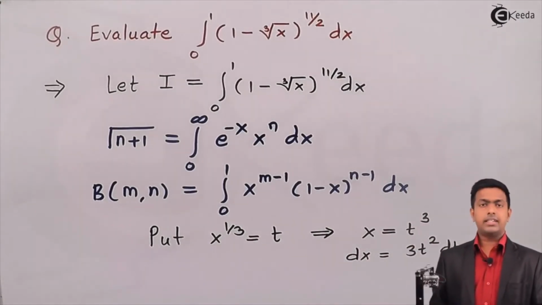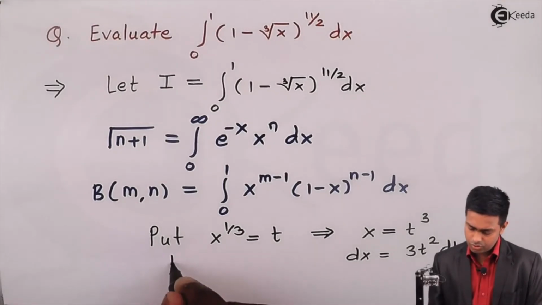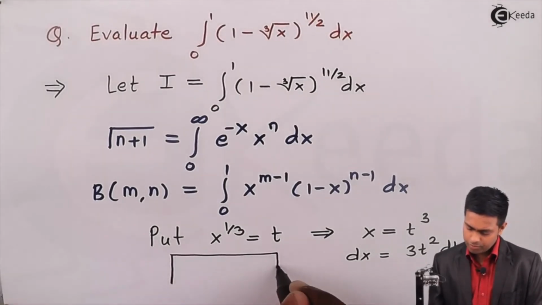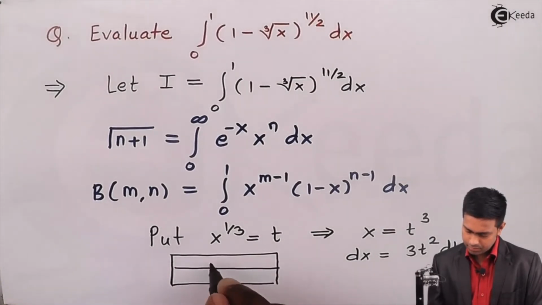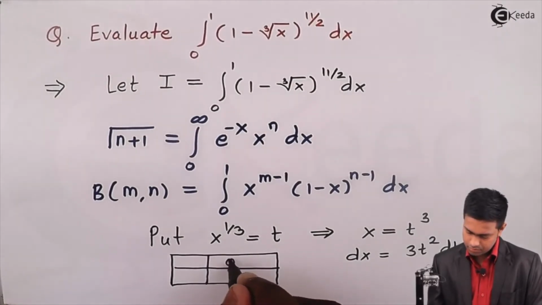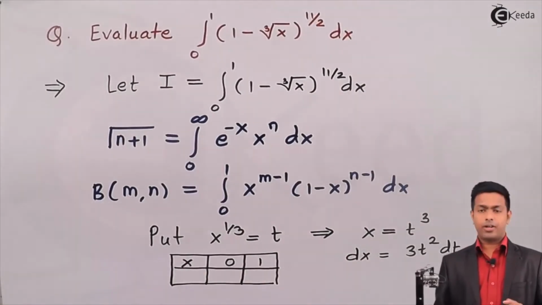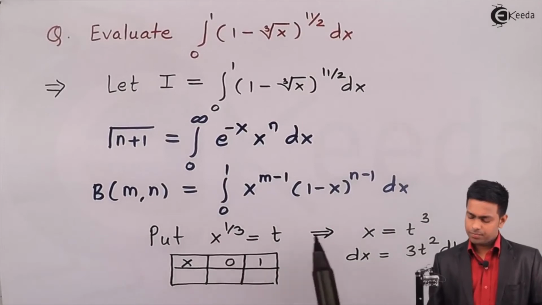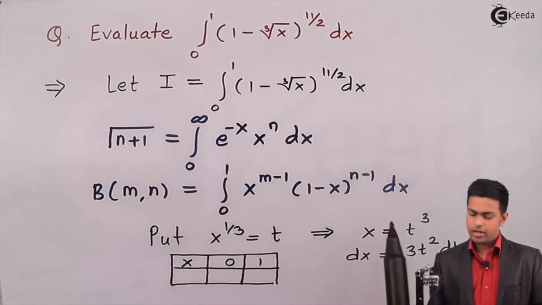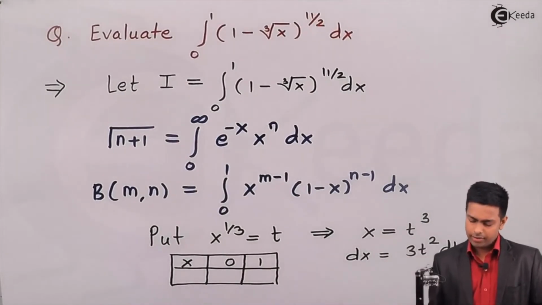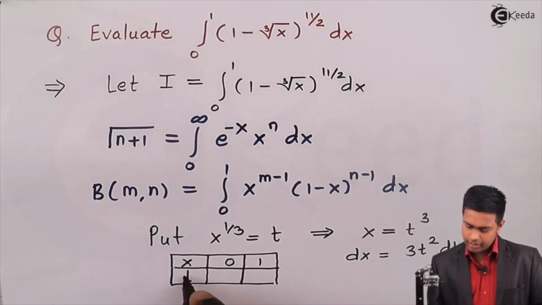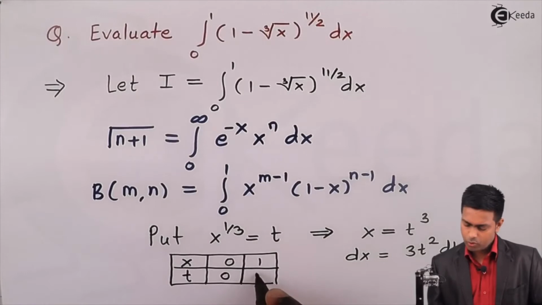Now let's see the changes in the limits. So right now the limit is from 0 to 1 for x. Now let's check it for t. So when x is 0, this t will give you 0, and when x is 1, you will get 1. So limits for t is from 0 to 1 again.